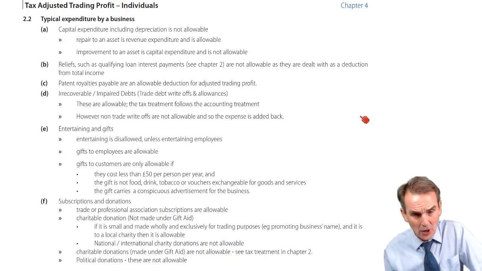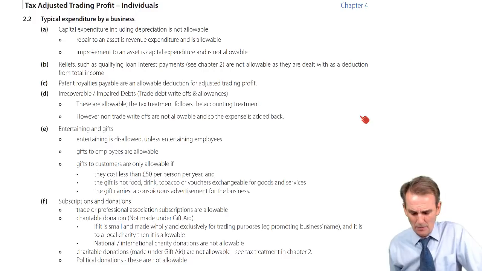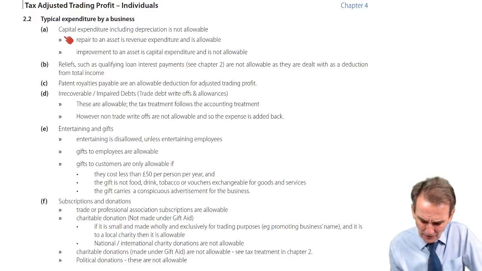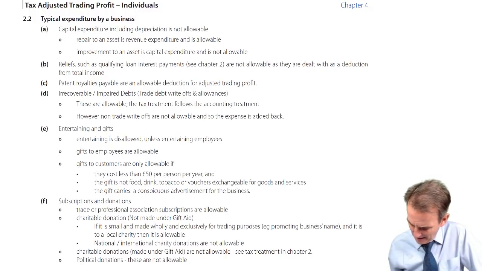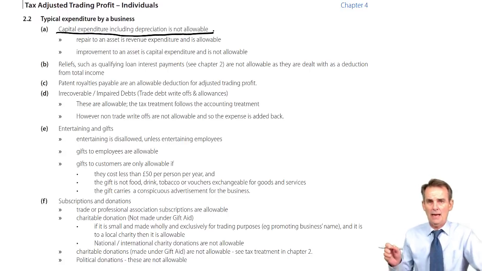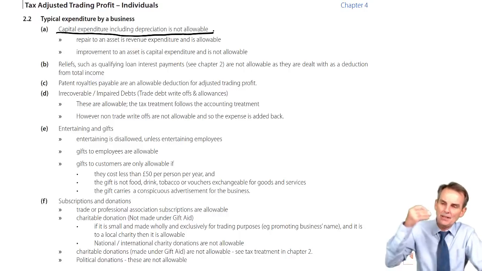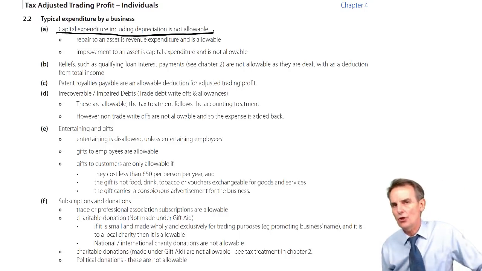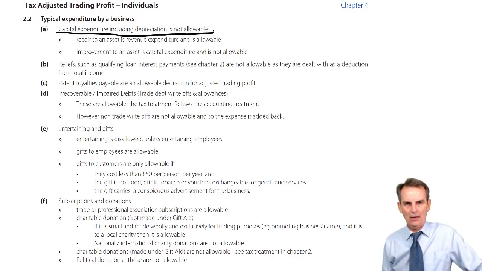Right, what have we got? Looking at the typical items that we might see. First of all, capital expenditure. Capital expenditure, including depreciation, is not allowable. Now, we're thinking, well, hang on a minute, it's a statement of profit or loss. Capital expenditure shouldn't be there. It should only be revenue expenditure.